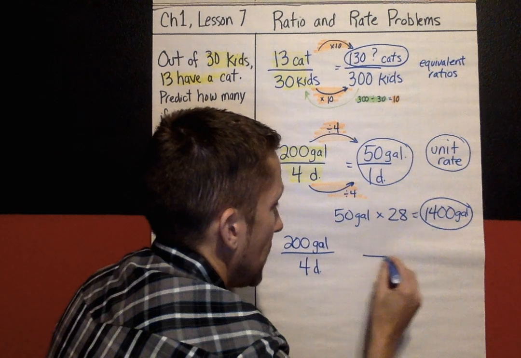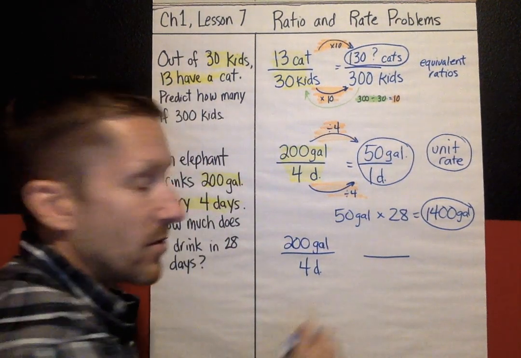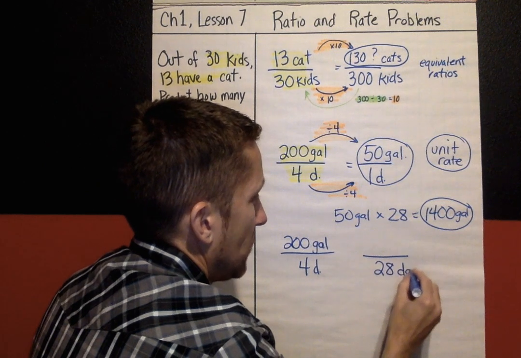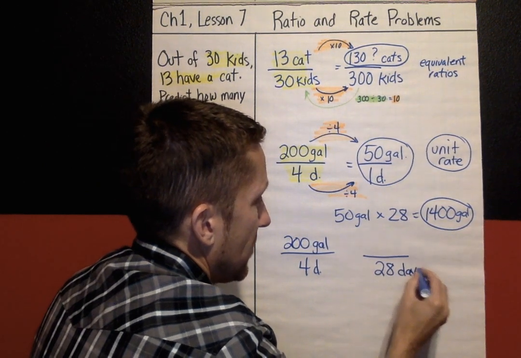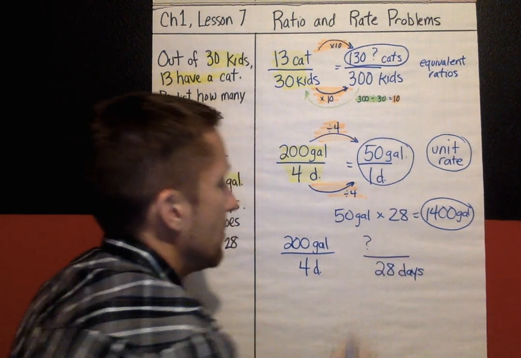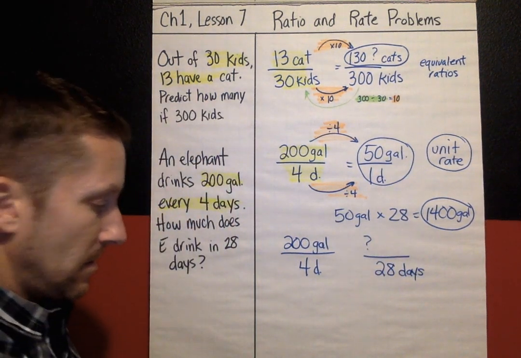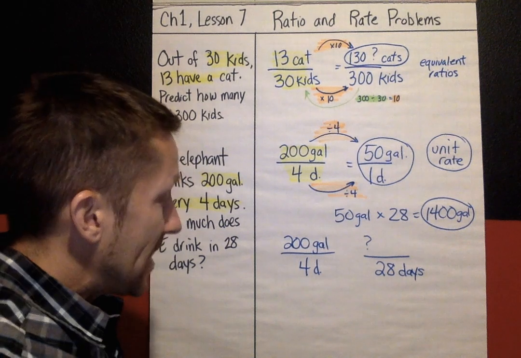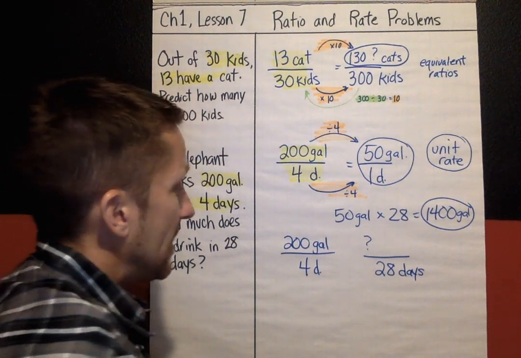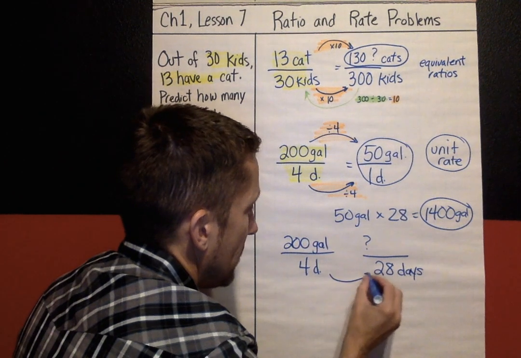And I could set up another ratio over here. How much water does the elephant drink in 28 days? I am trying to find this number right here. I could use my calculator to find what this number is.